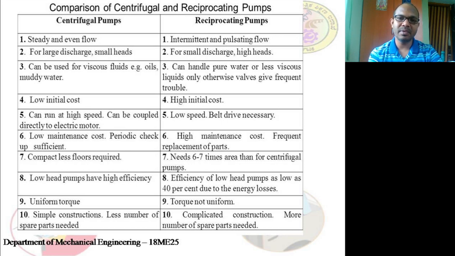Whereas reciprocating pumps definitely spoil it, because of the sealings or the movement of the metal parts, we go for lubrication and greasing, which might mix with the food materials and spoil the food. That is why reciprocating pumps are not used in food processing industries. And one more thing is, since reciprocating pumps can pump even semi-solids, they are used in various applications.